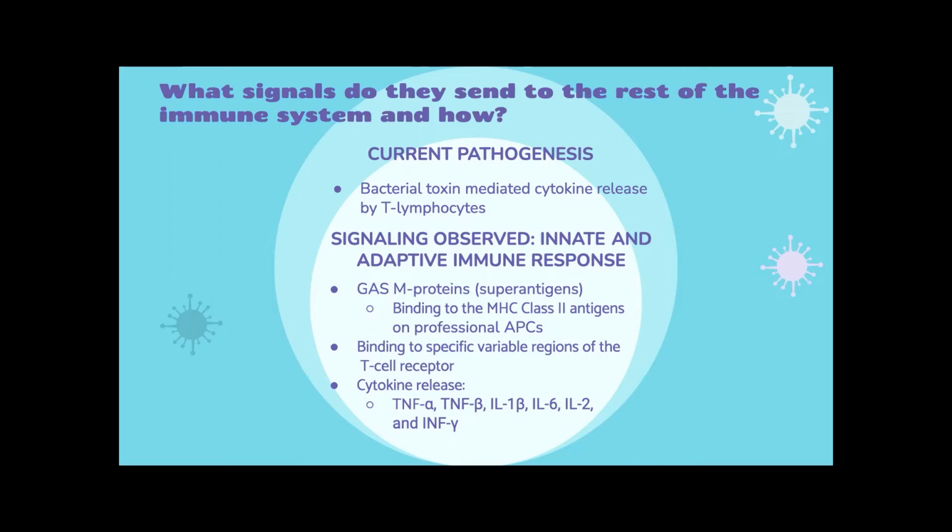The signaling observed is seen through the GAS, which stands for Group A streptococcal, proteins, which are the superantigens that bind to the MHC class 2 antigens on professional APCs. This leads to binding to specific variable regions of the T cell receptor, which then induces cytokine release of TNF alpha, TNF beta, IL-1 beta, IL-6, IL-2, and IFN gamma.